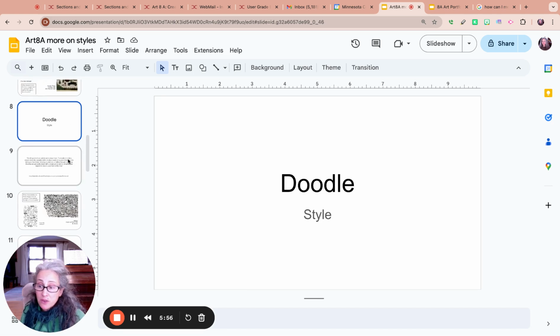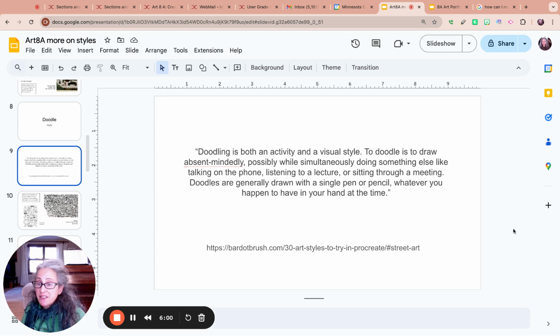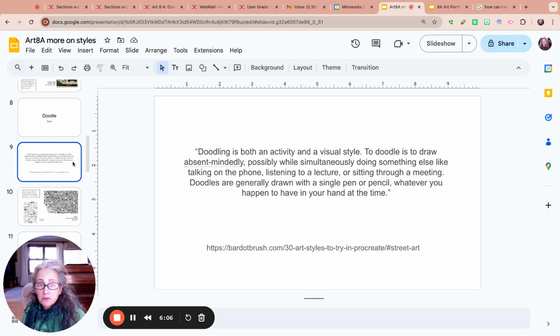Okay, then there's the doodle style. Maybe you're a doodler. Doodling is an activity and a visual style. To doodle is to draw absent-mindedly, possibly while doing something else, like talking on the phone, listening to a lecture, or sitting through a meeting. Doodles are generally drawn with a single pen or pencil, whatever you happen to have in your hand at the time.